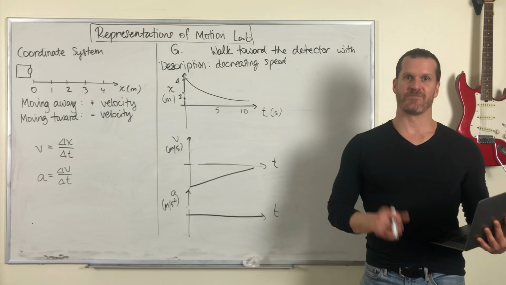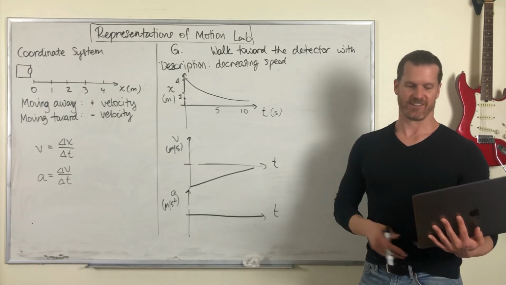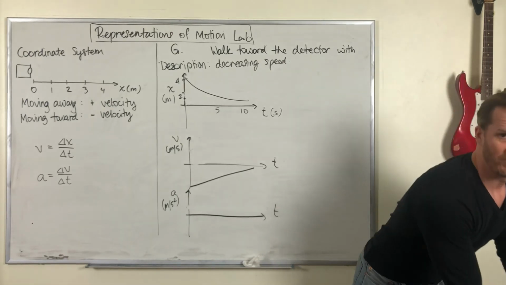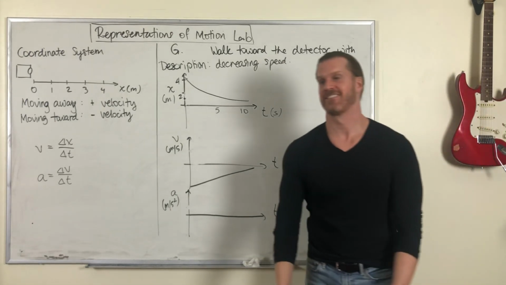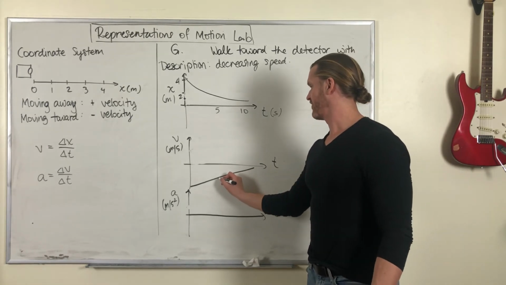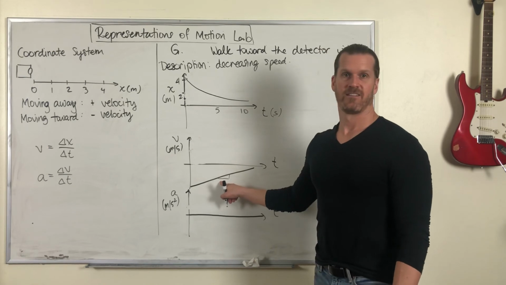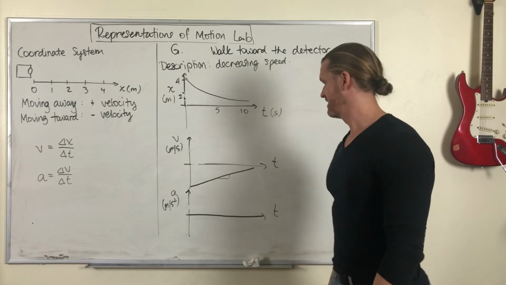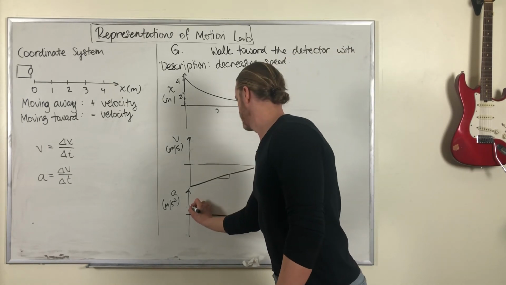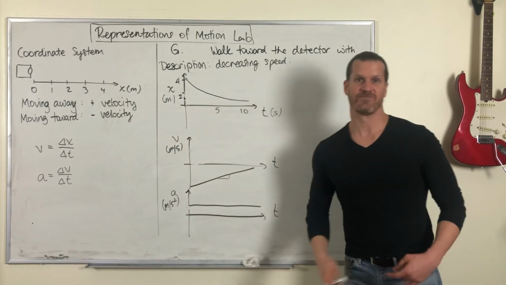All right, now here's where you're really going to get confused when we talk about the acceleration. Acceleration is the slope of the velocity graph. That slope is positive. So this acceleration is positive.